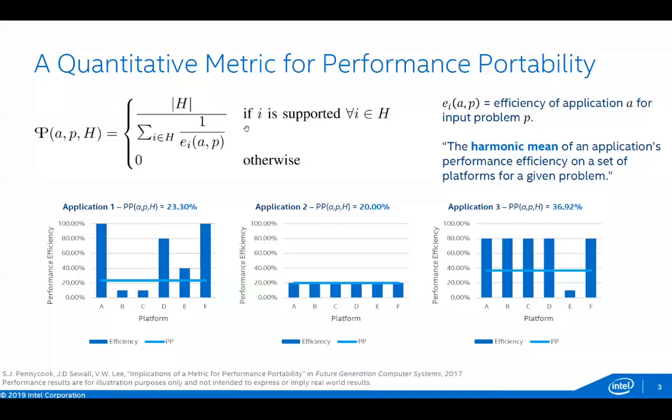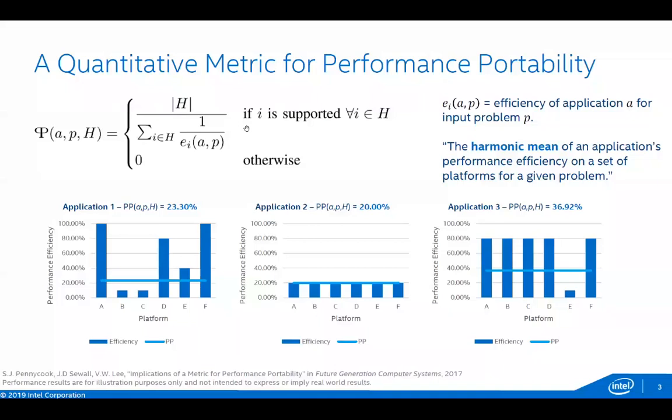So in the case of application 1, you can see that the performance efficiency varies quite a lot with different platforms. And the performance portability metric acts as an average, but because it's the harmonic mean, it tracks the minimum performance efficiency, which is platforms B and C. So it comes out at about 23%.